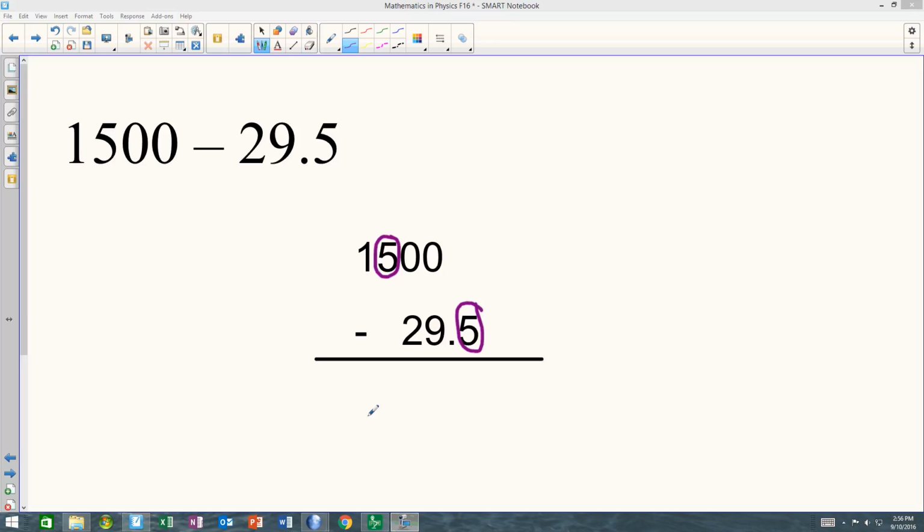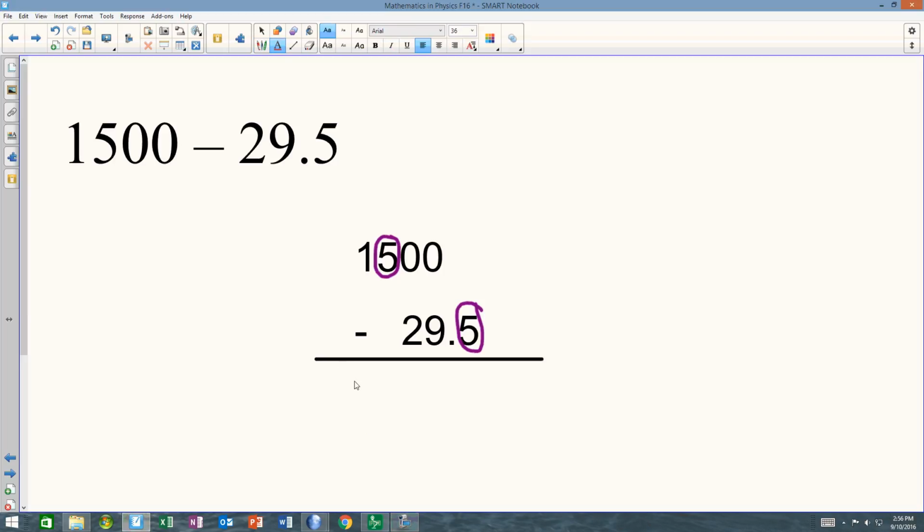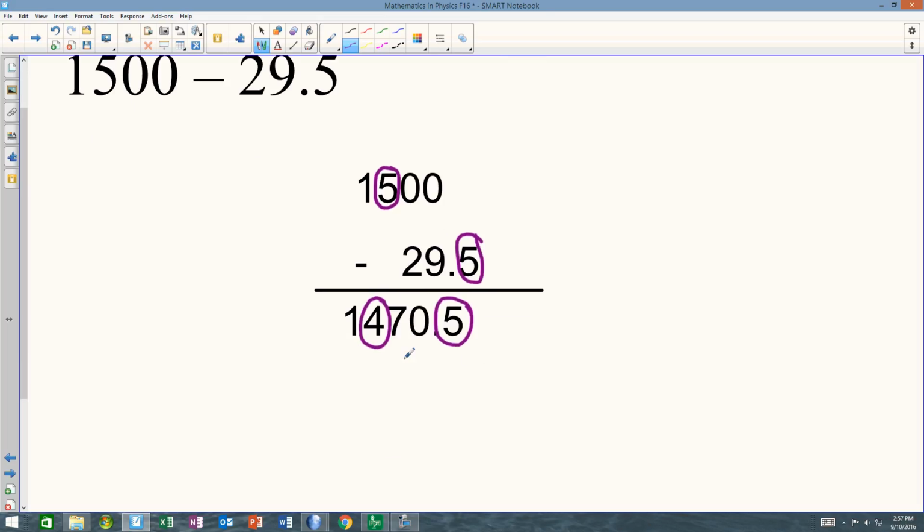So when I go ahead and write out my answer, I end up with 1,470.5. Now I'm going to circle my uncertain digits. This 5 is uncertain, and it turns out that this 4 is going to be uncertain because it lines up with the 5. I can only have one uncertain digit.